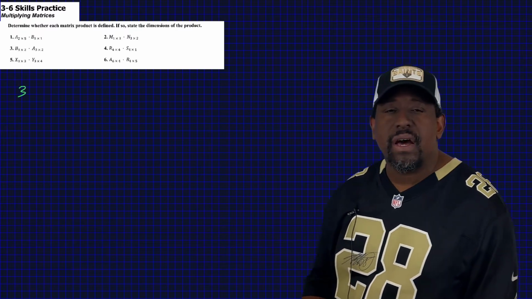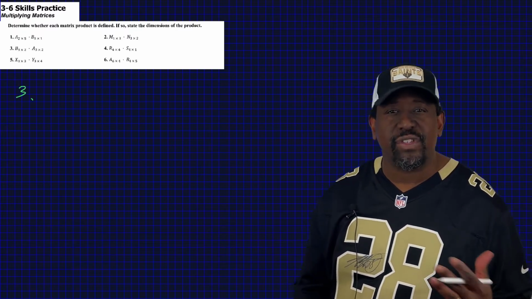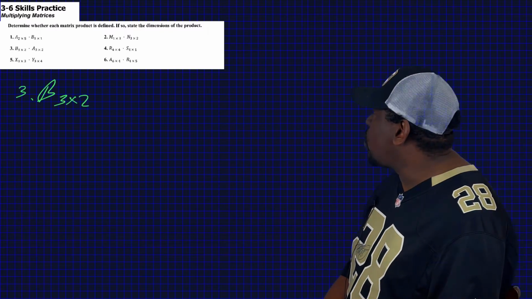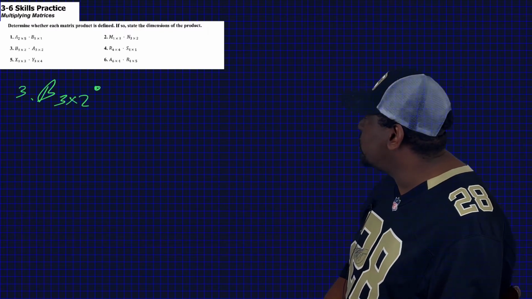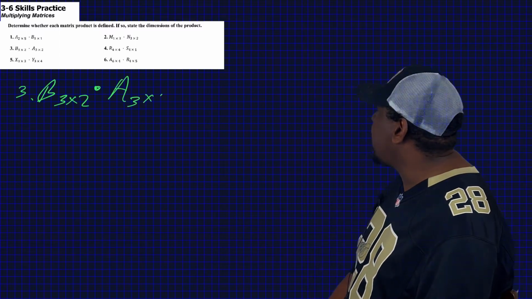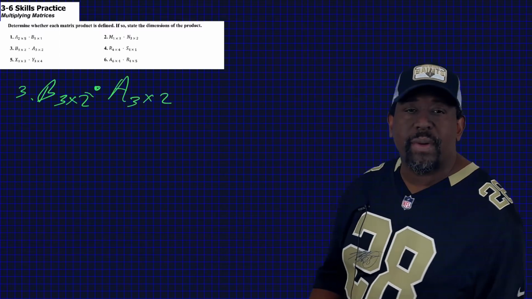Now, what this gets you accustomed to doing is figuring out the products and seeing if they're defined, because they're not always going to be defined. So the next problem we're going to do is number 3. B is a 3 by 2 matrix multiplied by A, which is a 3 by 2 matrix.